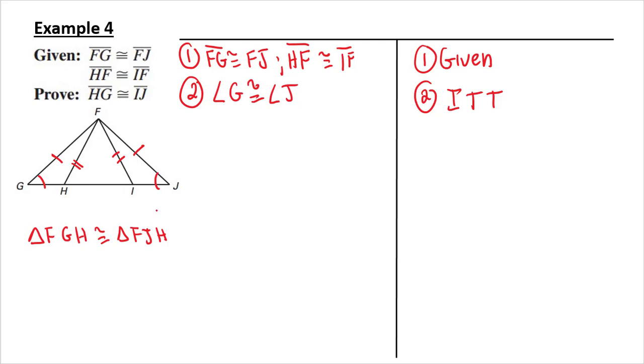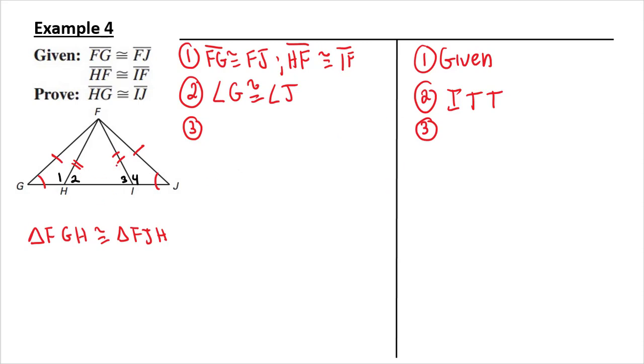So I need to get another angle or another side congruent. I need to get another angle congruent. I'm going to put some numbers in here. I'm going to put in 1, 2, 3, and 4. Again, you can always add angle numbers into your diagram, and that doesn't even become part of your proof.